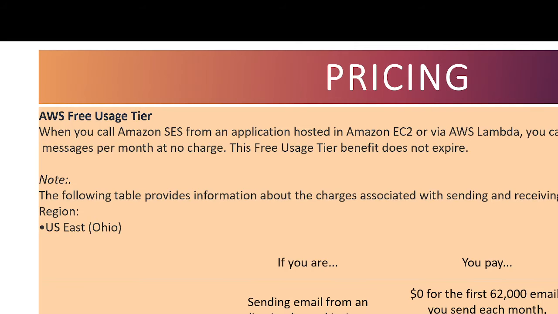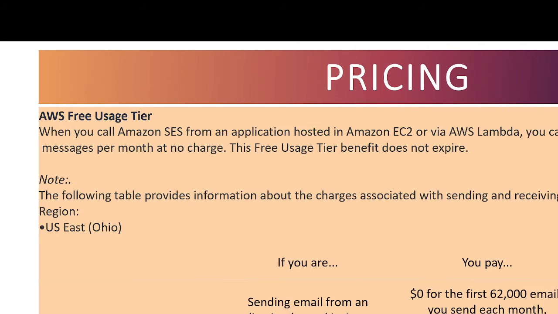You need to note the following table, which I'm going to be explaining, provides information about the charges associated with sending and receiving email through Amazon SES. The region here, or the location, is US East, Ohio.